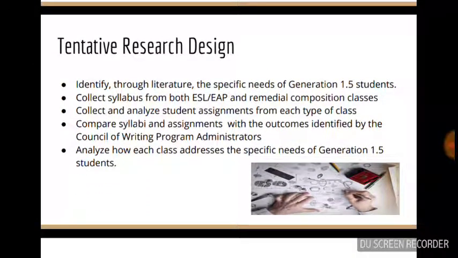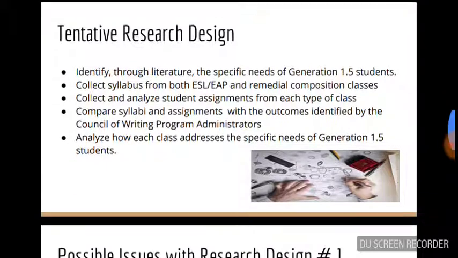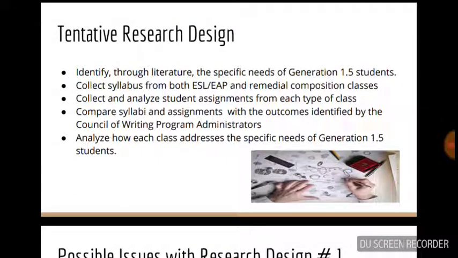My research design is basically where I list the needs of these students that will be identified with a literature review, and also the outcomes expected of students in their first year of English composition, and that is already identified by the Council on Writing Program Administrators.